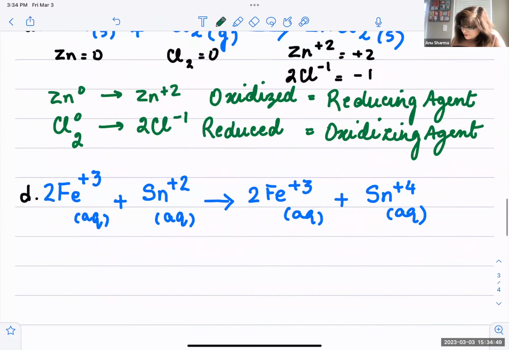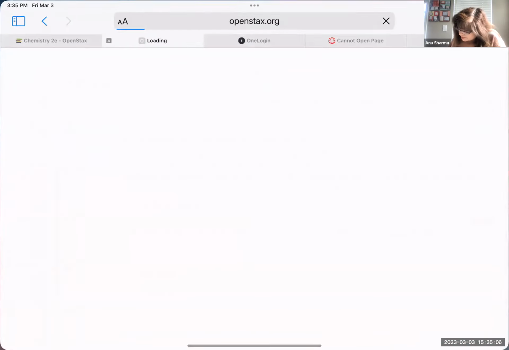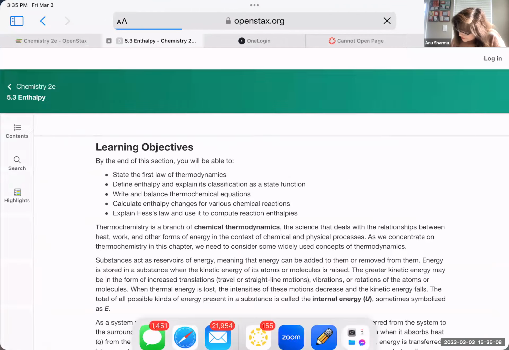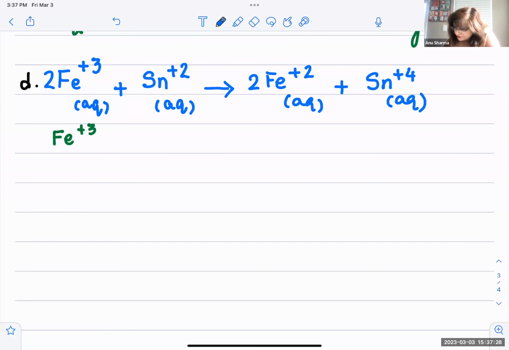Now let's look at the next one. Iron. There are two irons, but iron is moving from +3 state to, I think it should be, 1 minute. It should be iron. Okay, so that was iron +2. All right, so iron is going from +3 to +2 state.